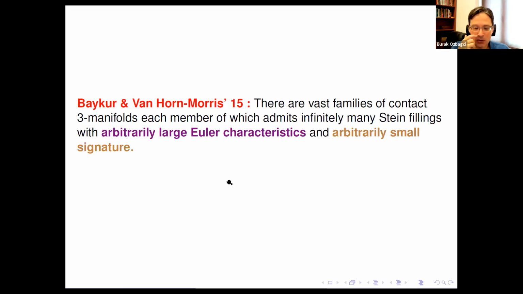So based on the first examples in the subject, people thought, maybe András and I thought, that the Stein fillings have finite topology. This was the case in the previous slide, but it turns out that it's not the case, and you can have arbitrary topology of Stein fillings for a fixed contact three-manifold. So it's completely hopeless to try to classify Stein fillings for these kinds of three-manifolds.